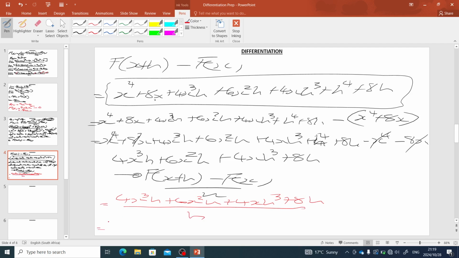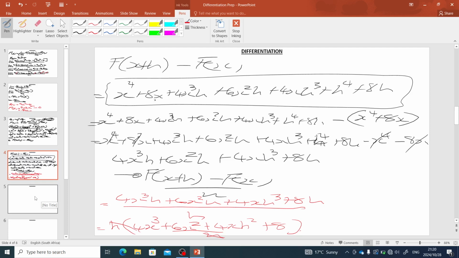When we take out the common factor, it will be h open bracket 4x cubed plus 6x squared plus 4x h squared plus 8, divide by h. H and h will cancel out.